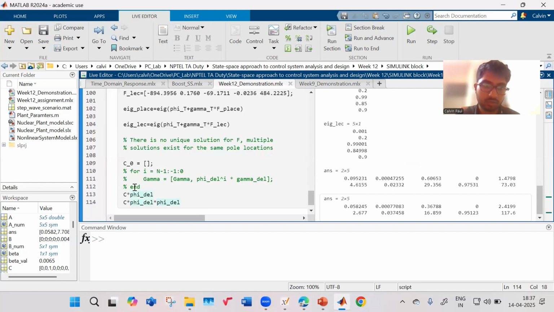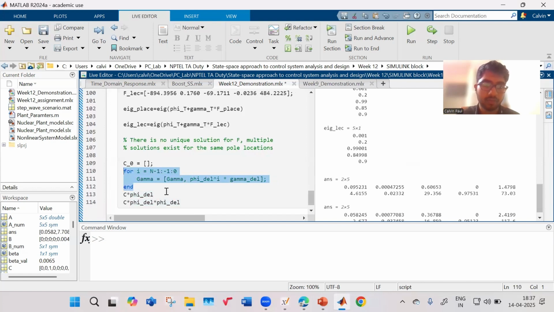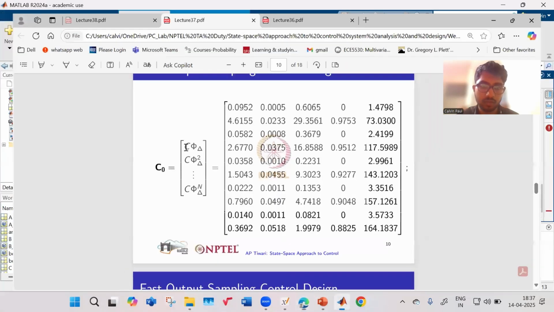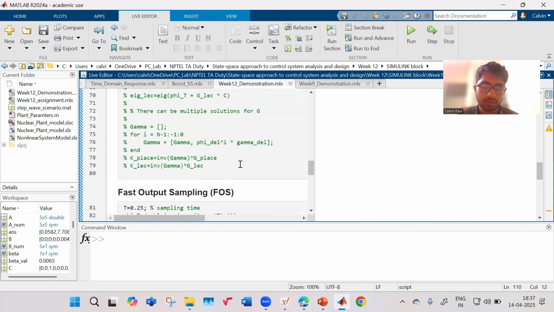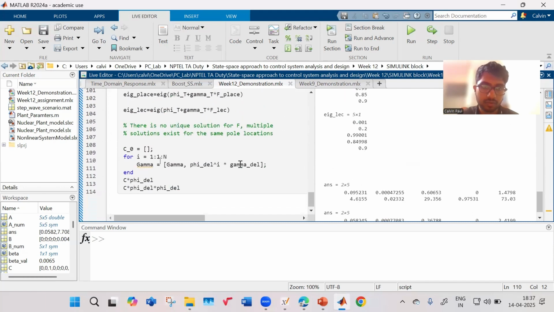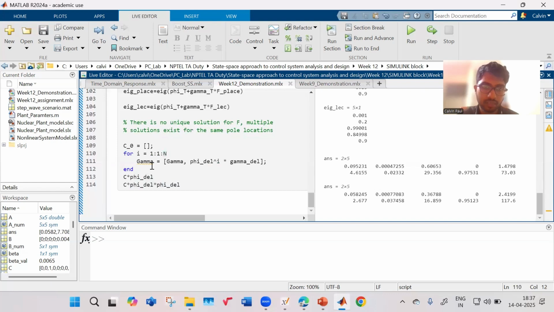Okay. So here, for i going from 1 to n, with step size, our C naught is equal to C naught.